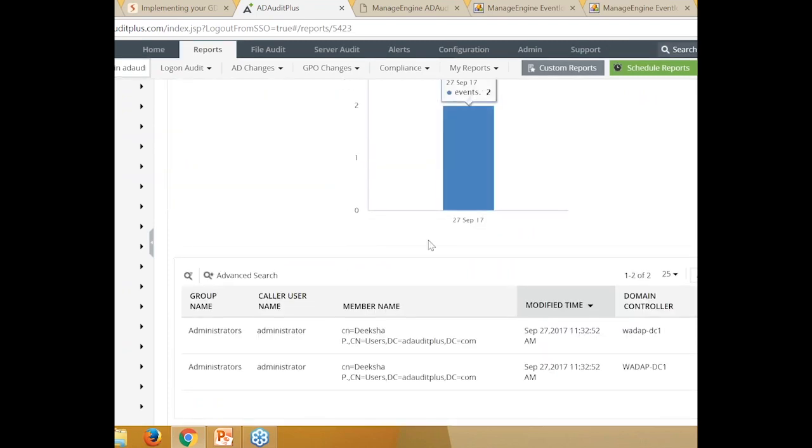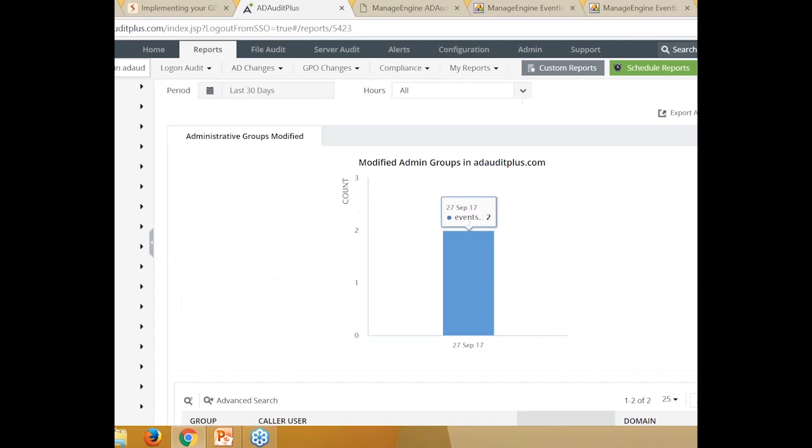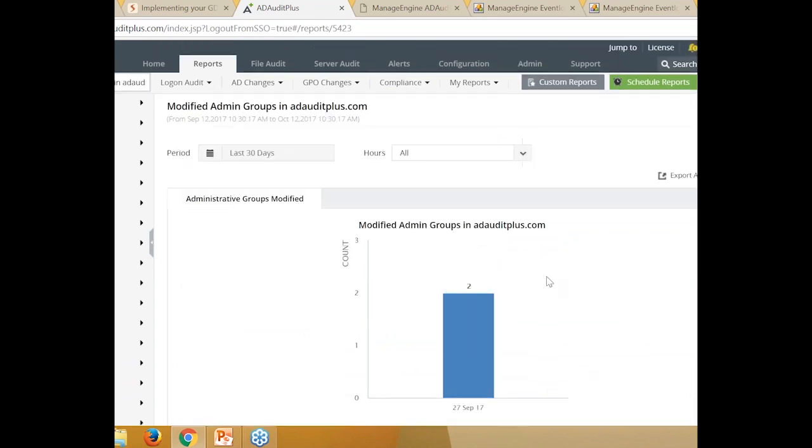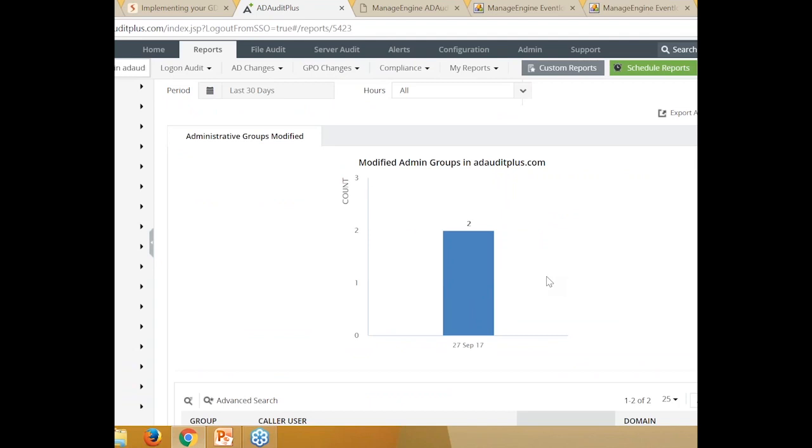So here you can track which administrator groups were modified and when they were modified, and in case the modification was creating a loophole, that is, maybe someone had an escalation of privileges which allowed them to access data that they weren't supposed to, you can get these sort of alerts in real time with our tool, and you can take the steps to quickly mitigate a potential internal attack to your data.